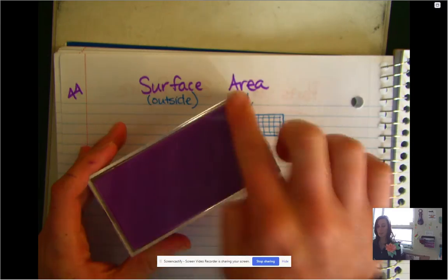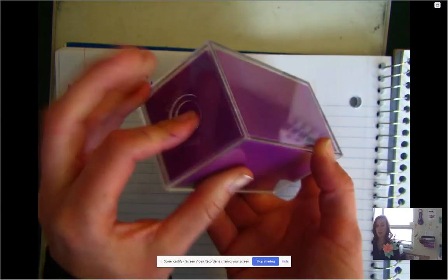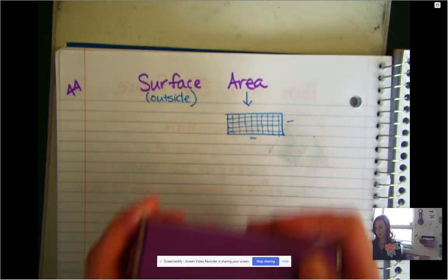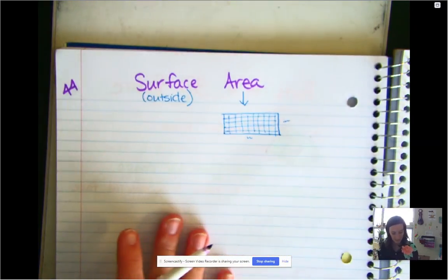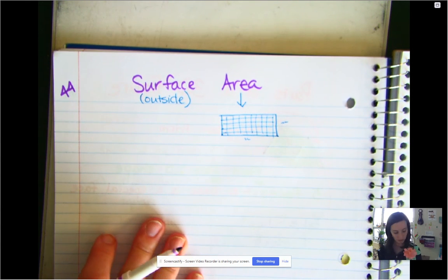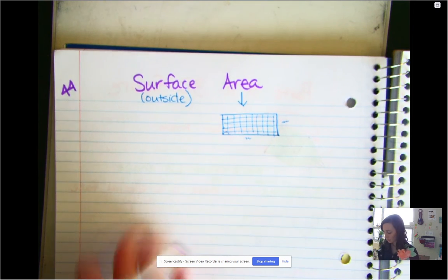So if I added up the areas of each individual piece and put them together, that would be the surface area. I picked rectangular prism for a reason, because that's what we are starting with, the surface area of prisms.